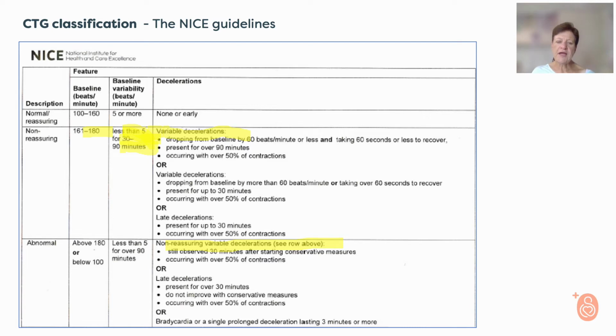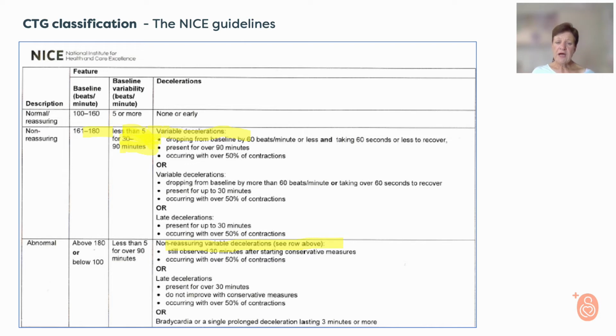So if we look at the non-reassuring column of variable and/or late decelerations, we have said that our decelerations are variable and that they are less than 60 seconds long and less than 60 beats per minute. So they will fall in this category. They say also for over 90 minutes, but as we've said, we haven't made our CTG long enough to really see whether we meet this criteria.